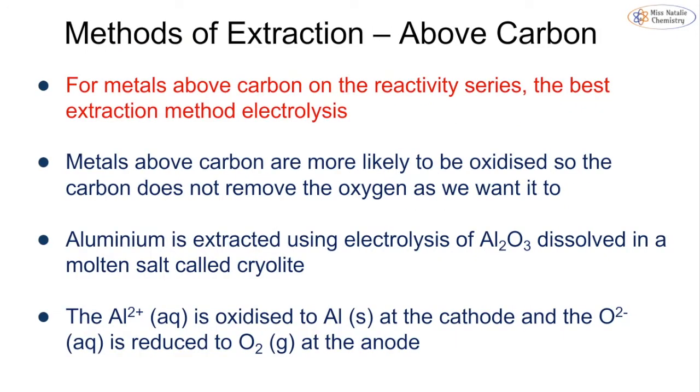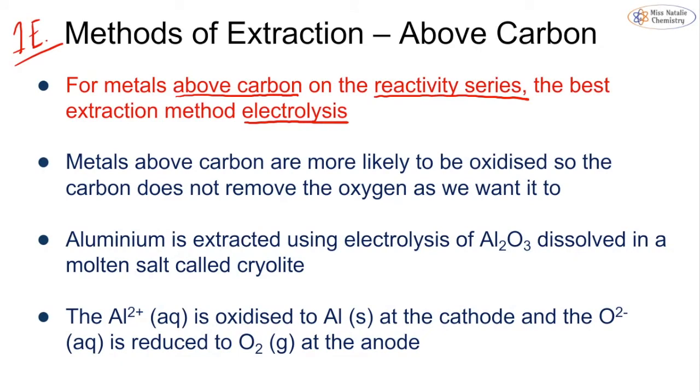If we have metals that are above carbon in the reactivity series, we cannot use this extraction method with the roasting. What we have to do is electrolysis. Now, you have covered electrolysis in topic 1E, and it works very similar to the way that you do that in that topic, but you're unlikely to be asked about the half equations in this particular topic, but it could link into a question from 1E.